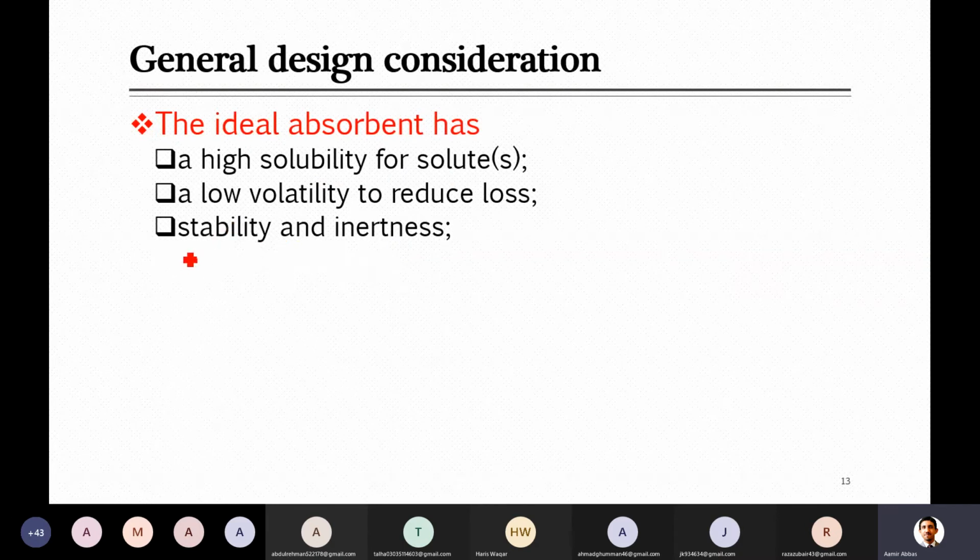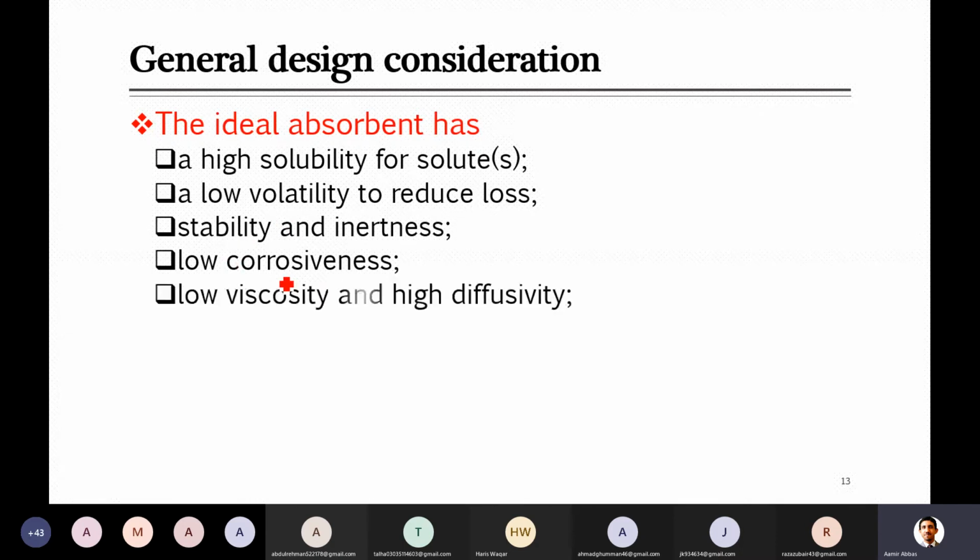And stable in the sense that it should not, for example, disintegrate into various components. It should maintain its structure or molecular identity. Then it should have low corrosiveness. You already know corrosion will damage your equipment.